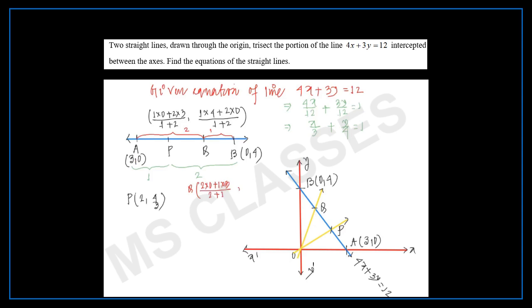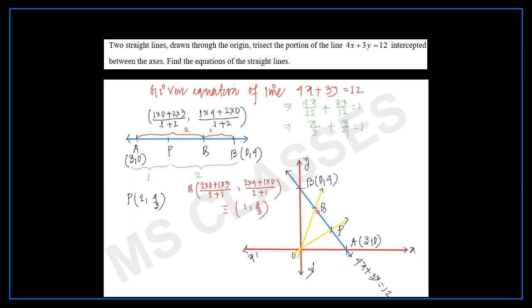Similarly, the ordinate is (2 into 4 plus 1 into 0) by (2 plus 1). This gives us Q as (1, 8/3).